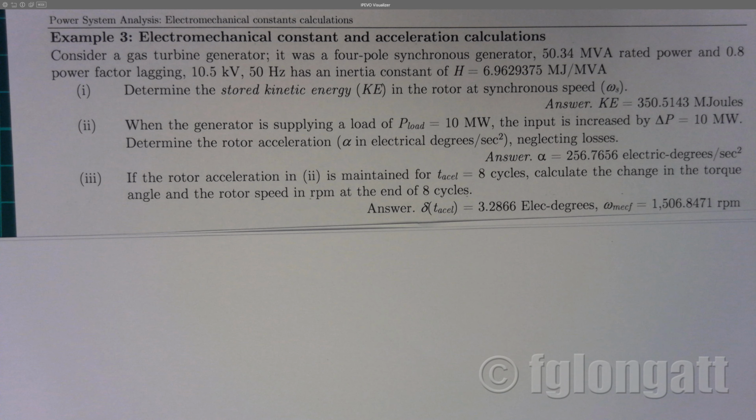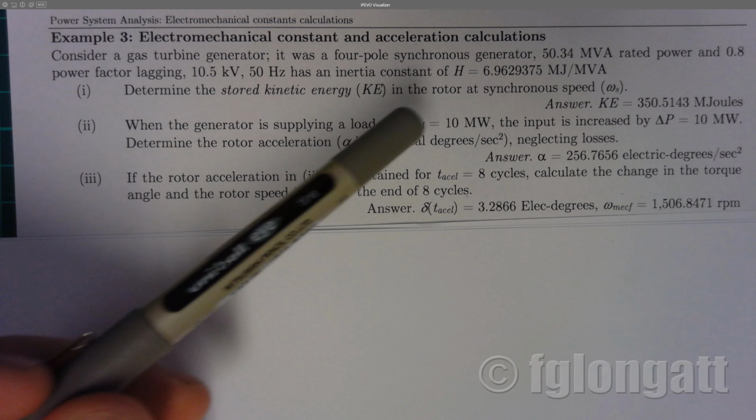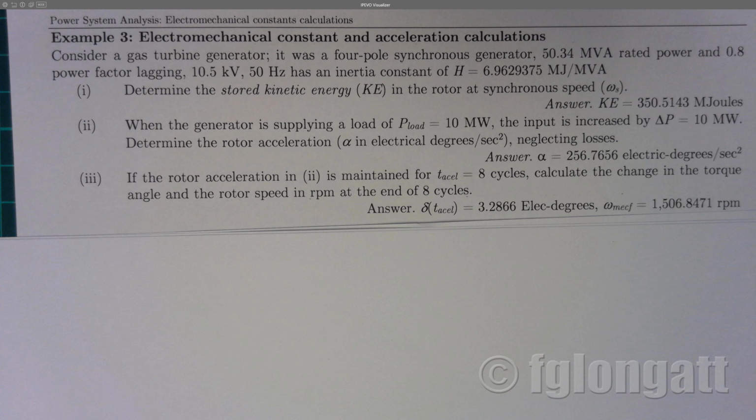This is example number 3, electromechanical constant and acceleration calculations. Let's consider a gas turbine generator, of course using a synchronous generator. This is a 4-pole synchronous generator, and it has a rated apparent power of 50.34 MVA.